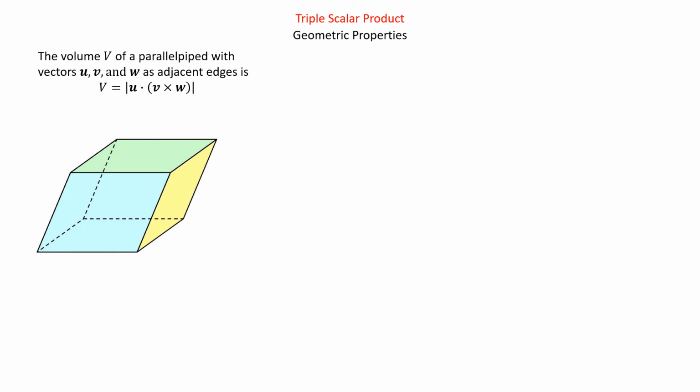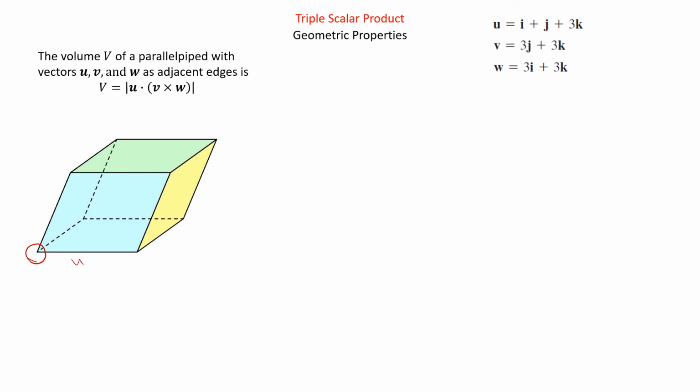And you guys are lucky because I cannot draw this on my board to save my life, but I can insert a photo of it. So there we go. So what if we wanted to find the volume of a parallelepiped with these as adjacent edges? And adjacent edges would be 3 edges that all hit one vertex.